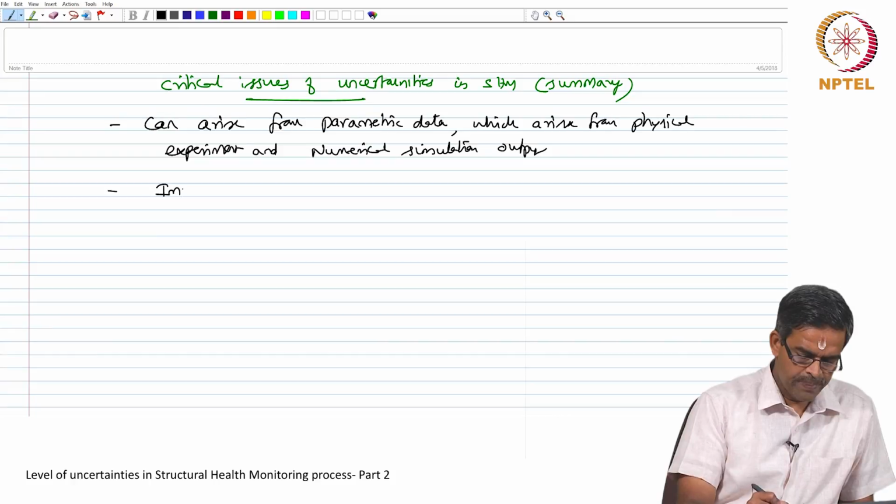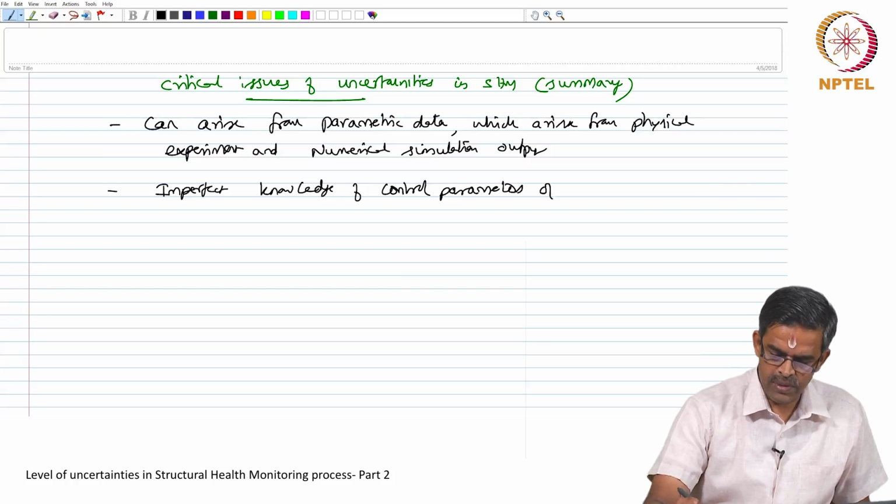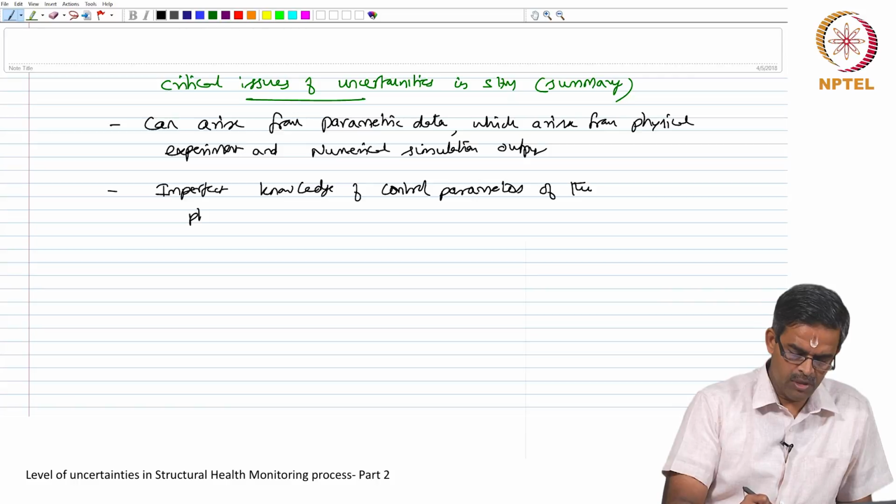Second can be the imperfect knowledge of control parameters of the physical experiment and numerical simulation.